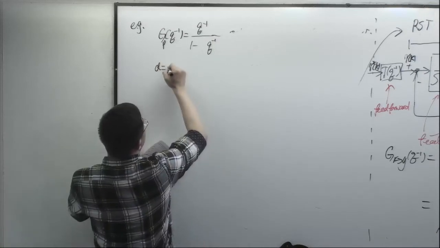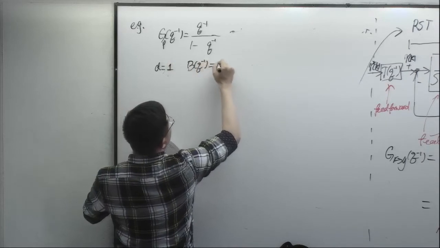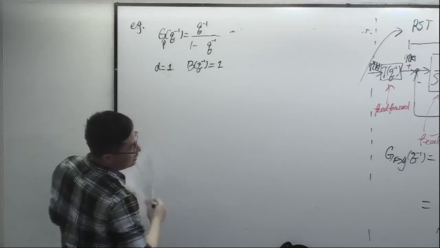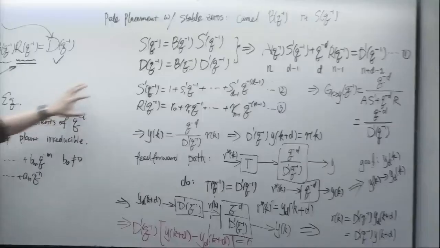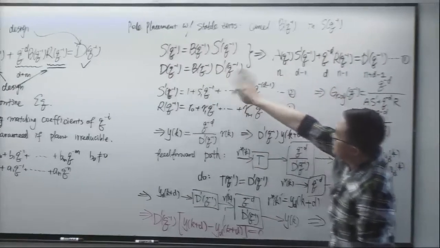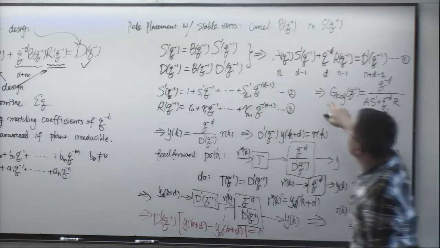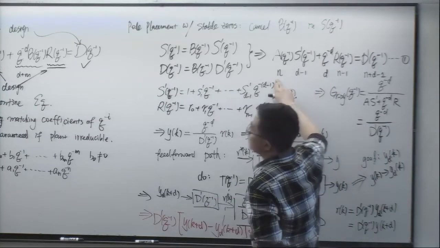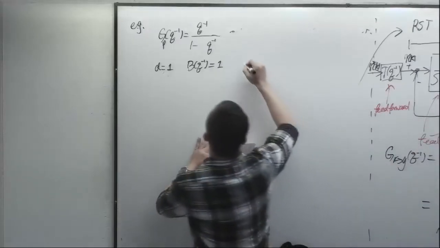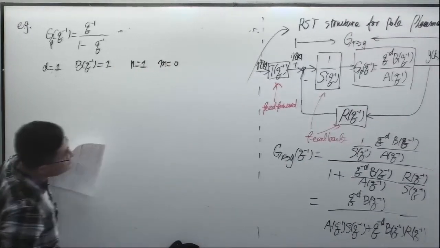So D equal to 1 and B equal to 1. And it's clearly a simple scenario. So B is 1, already canceled, or already don't need to worry about it. And then the orders will be N is 1. So let's design S prime. N is 1. M is 0.